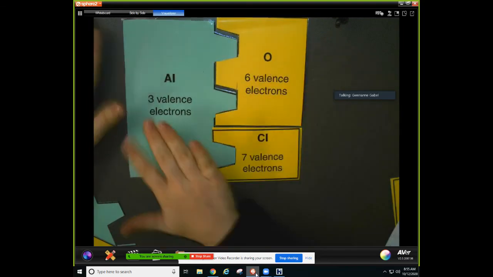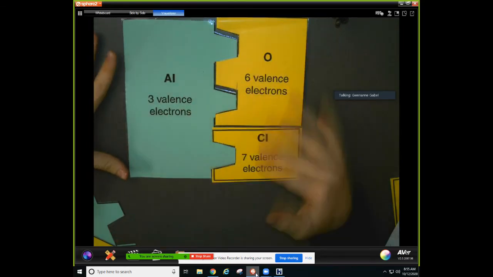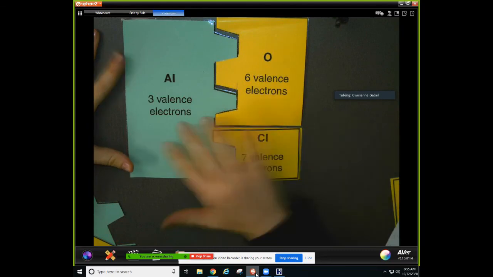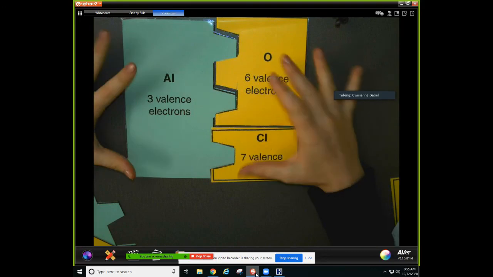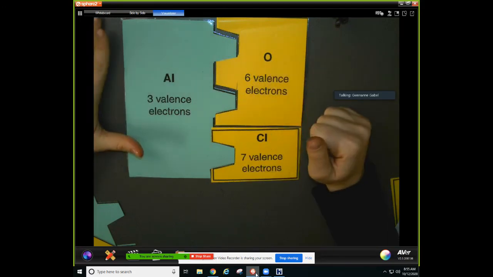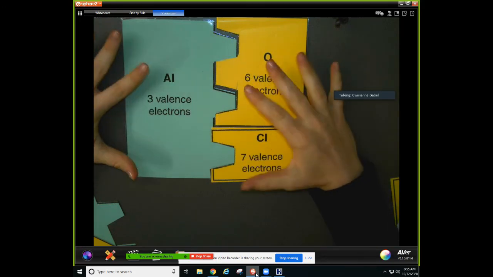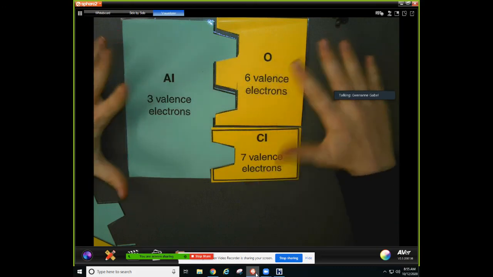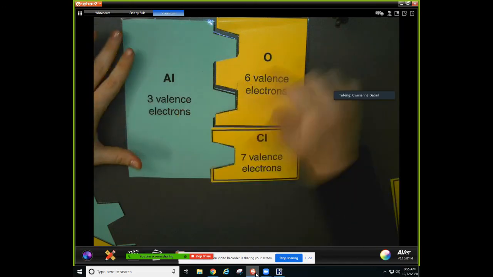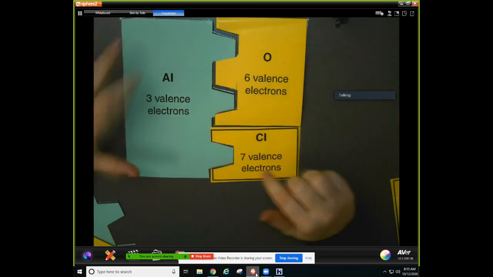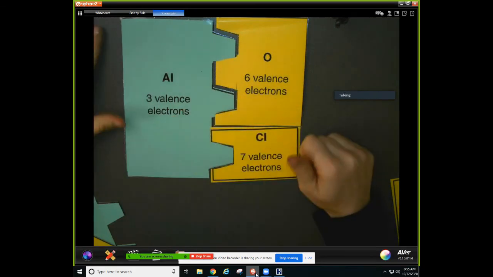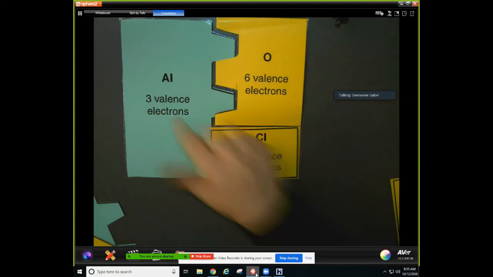It doesn't have to distribute all 3 to one other element. It can distribute them however they want when they're making these bonds. So when we mix these 3 elements together and we apply some heat, that's how these bonds are formed. And oxygen is going to take 2 of aluminum's valence electrons, and chlorine is going to take 1. Okay? So 1 plus 7 and then 2 plus 6.